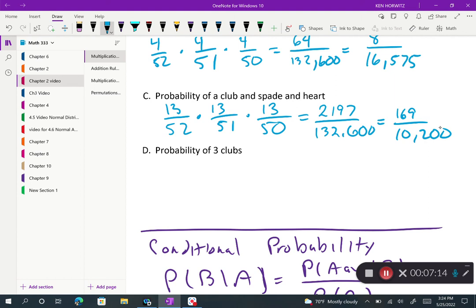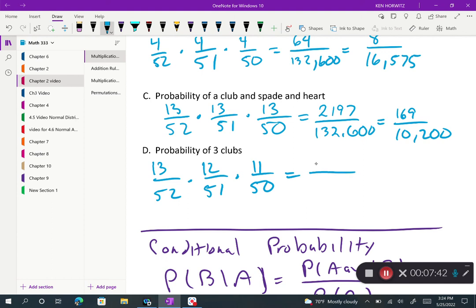Now the probability of 3 clubs, well, if there's 13 clubs in a deck out of a total of 52 cards, and then after we draw that club, there's only 12 clubs left in that deck, and there's only 51 cards, and then we draw that, right? So then we have 11 clubs left out of 50 cards.